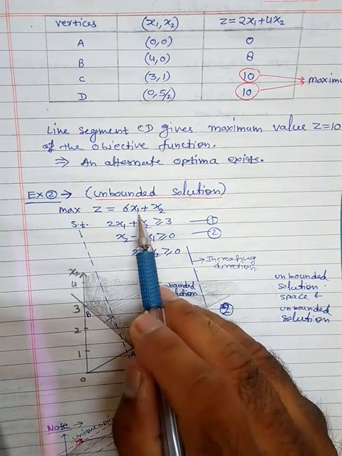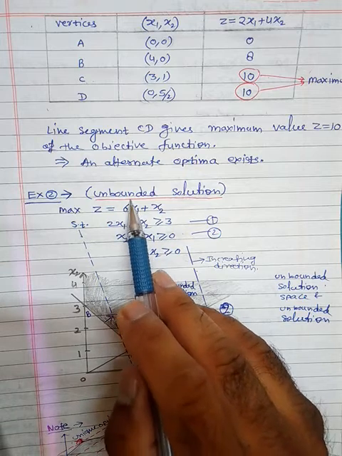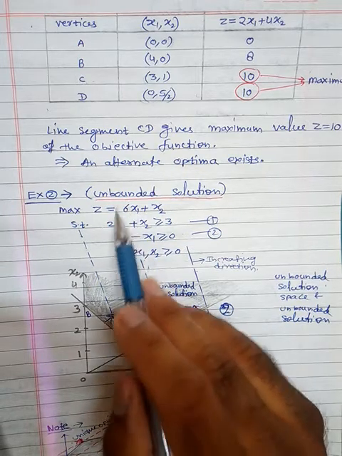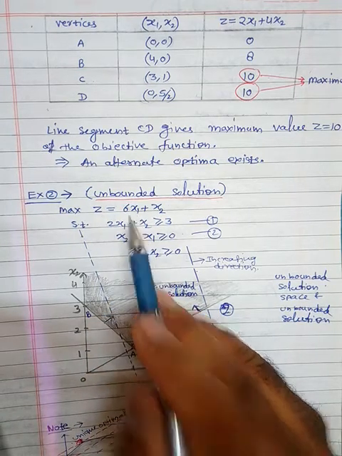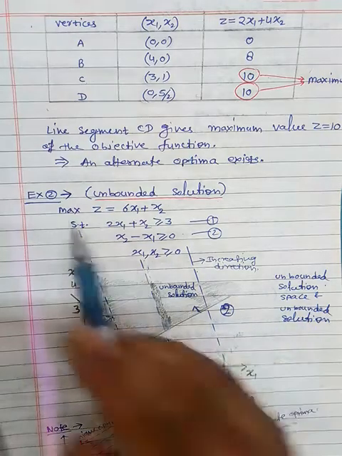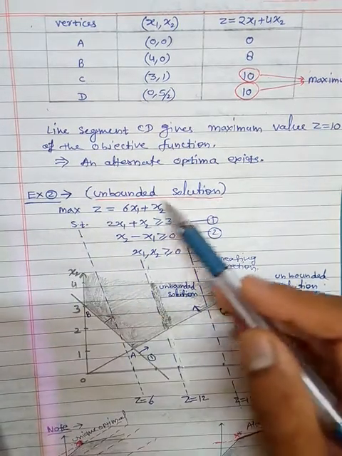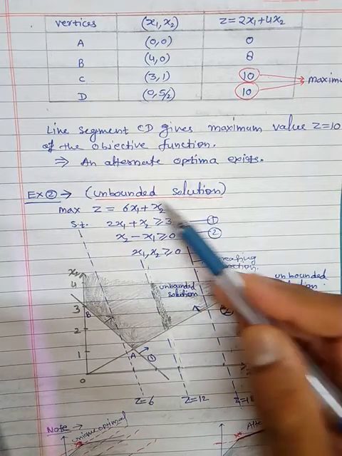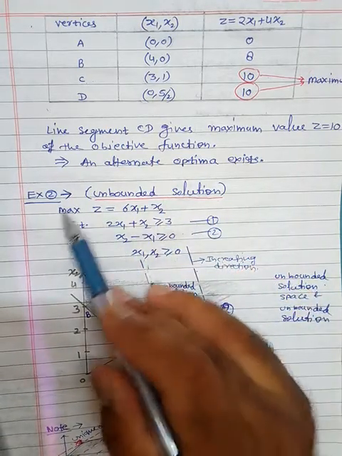That means when you increase x1 by 1 unit, you get an increase of 6 units in the objective function. So when you move in the x direction, the maximum z will increase. Similarly, when you increase x2 in the x2 direction by 1 unit, you get 1 unit extra in the objective function.